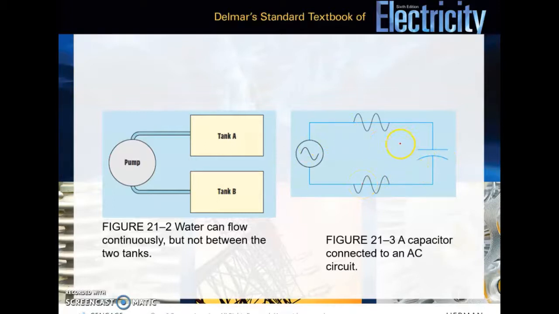It literally just goes back and forth. During the charging, that's when current is flowing through the circuit. And then when it changes directions, the current flows the other way.